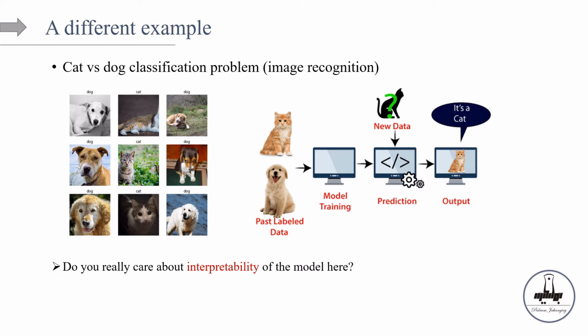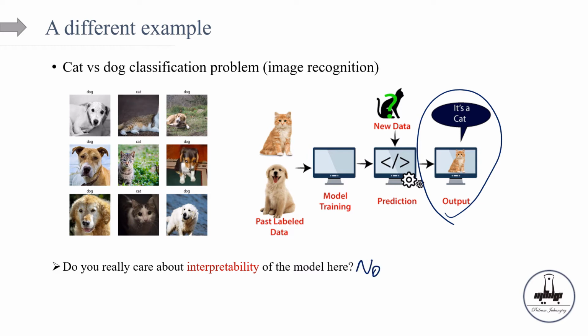Do you really care how the model goes from taking the picture to telling you, is it a cat or not? Can you interpret these things? Most probably the answer is no.